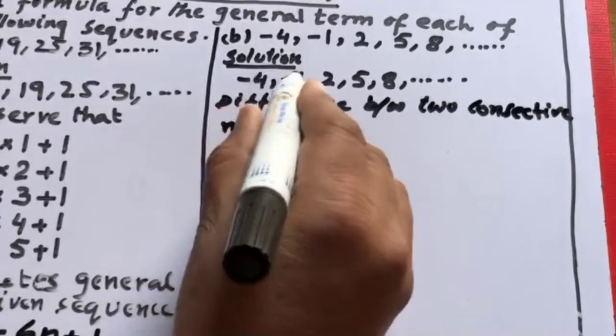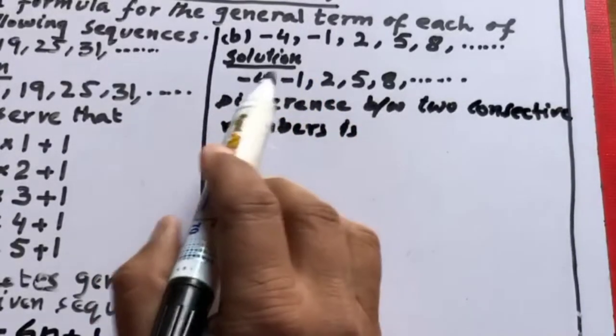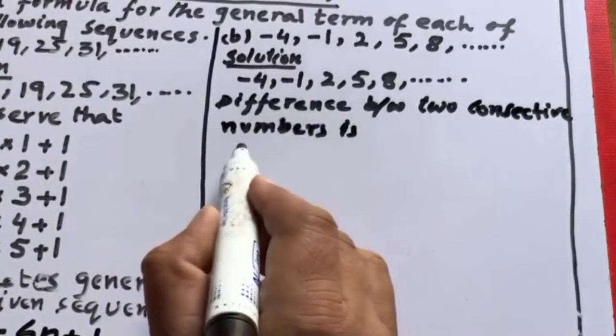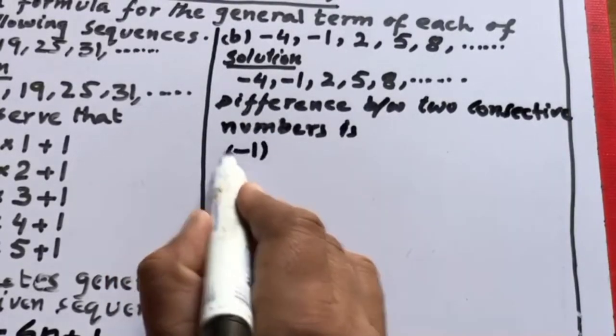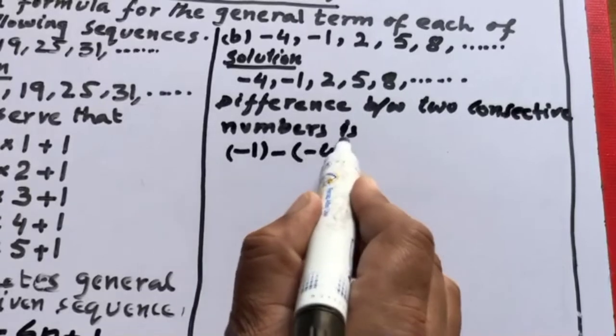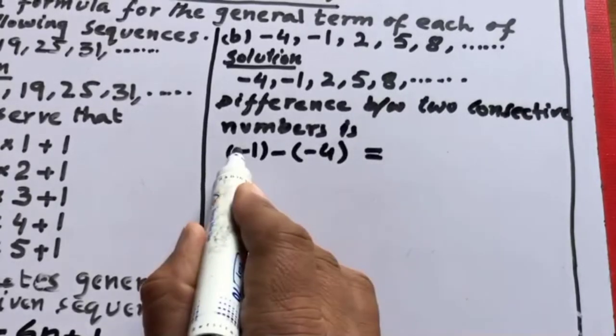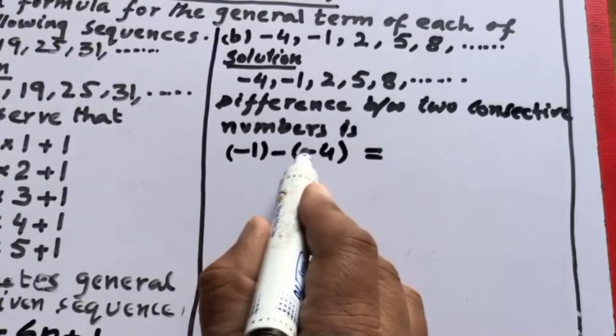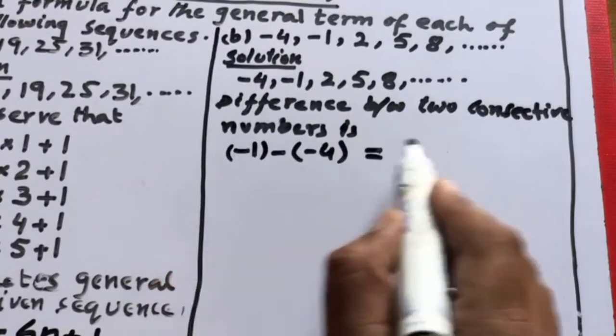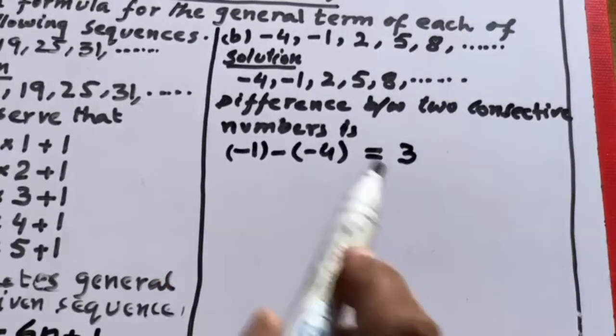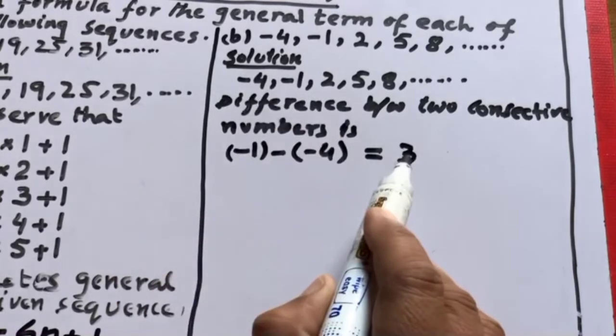If we take the difference of these two consecutive terms, -1 and -4, it is equal to -1 minus -4, and minus minus becomes plus. So 4 - 1 becomes 3. The difference between the two consecutive terms is 3.